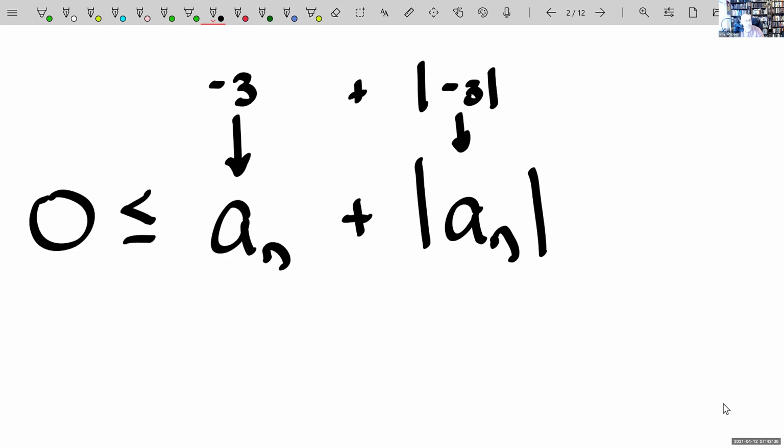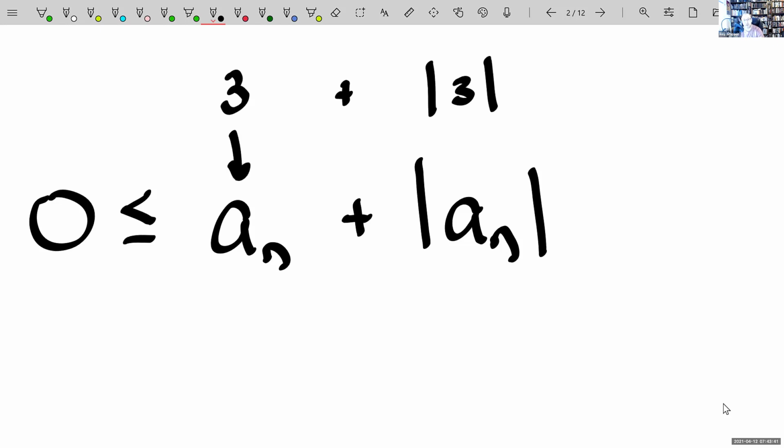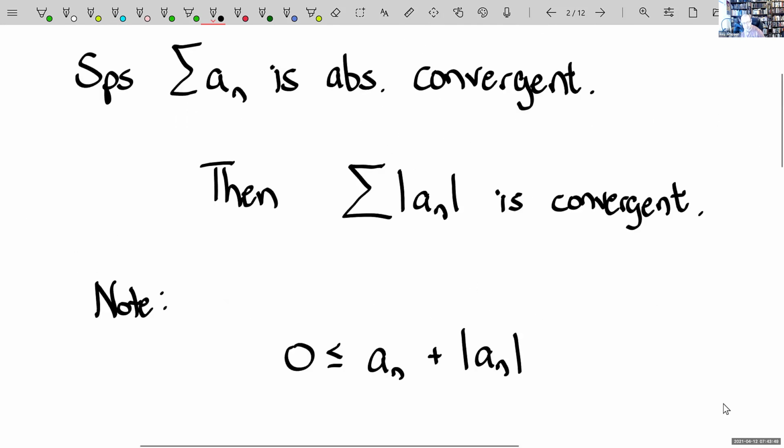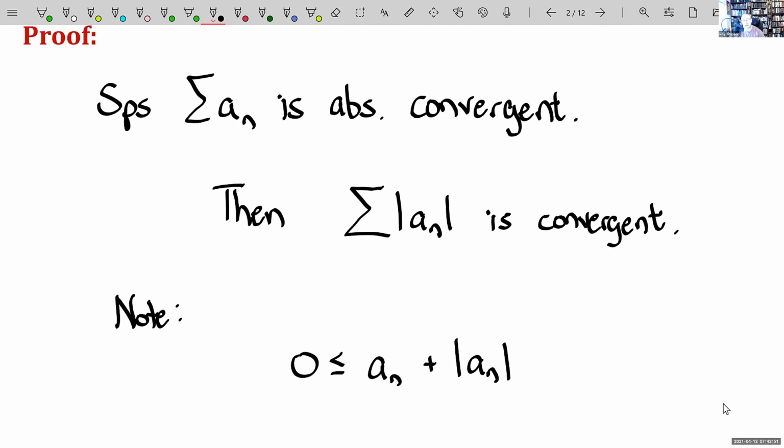So that should make sense, right? Also, if the term is not negative and you add to it the absolute value of it, it's still greater than or equal to 0. So a sub n, any random term in the summation of our original series, plus the absolute value of that term, has got to be non-negative.